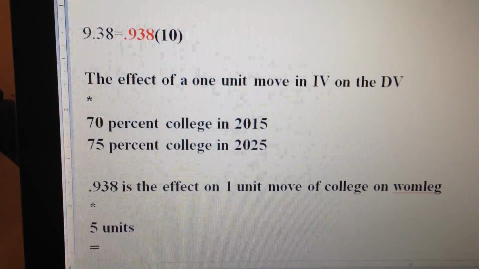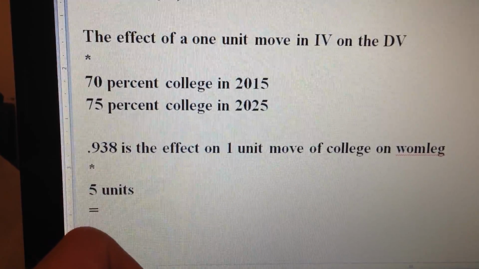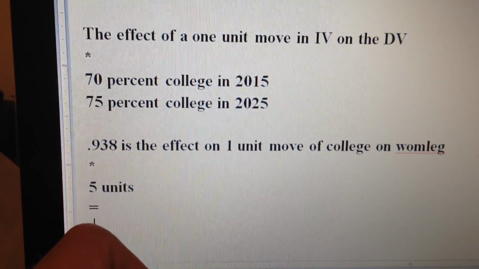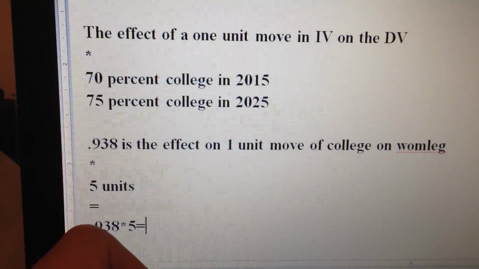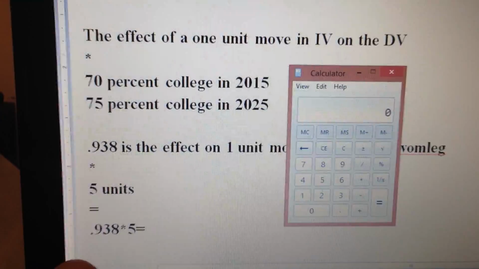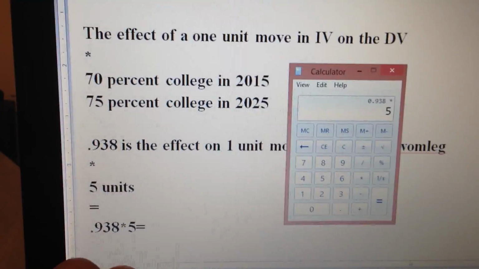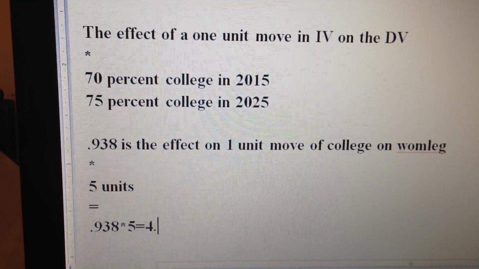Then it equals 0.938, excuse me, times 5, equals, cheating, 0.938 times 5, 4.69.